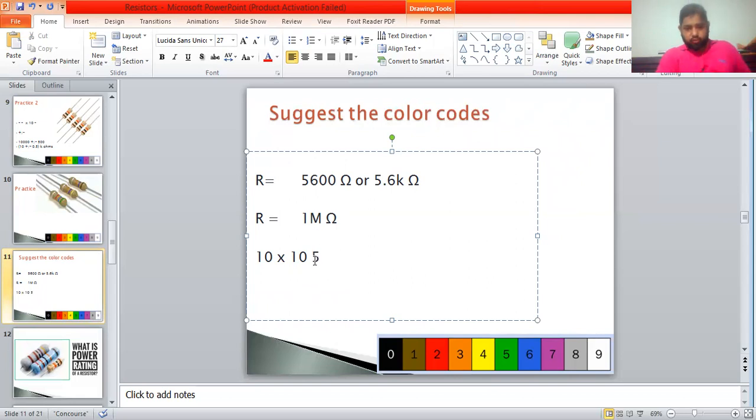I'm trying to write the exponent, but let me write it like this. 10 into 10 exponent 5, so that will be brown, black, and green. That will show us a resistor of 1 mega ohms. Okay, I hope it's clear.